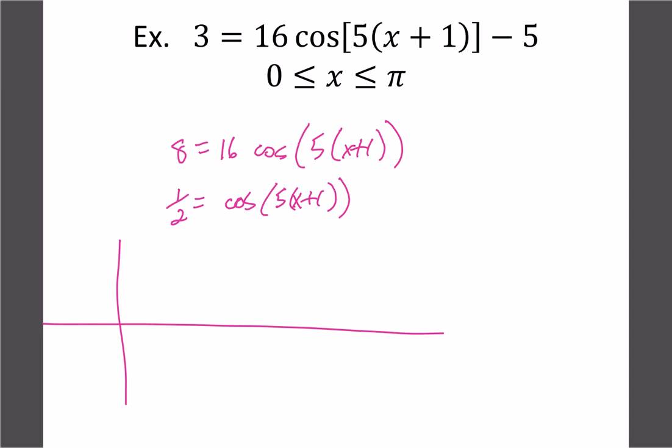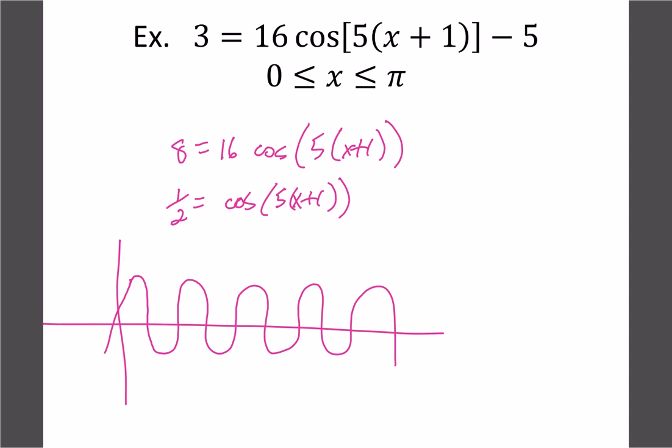Or sorry, not 1 up, we're 1 to the right. So our graph gets shifted over a little bit, so it's starting somewhere up here. So our cos graph does something like that. And our second line, y equals 0.5. Something like that, and then once again we basically want to find all of our intersection points.